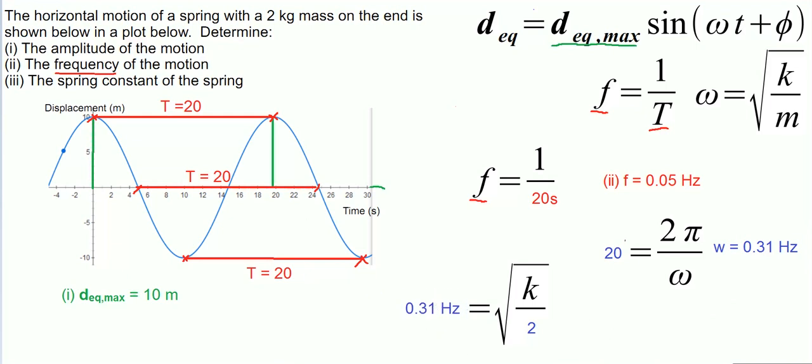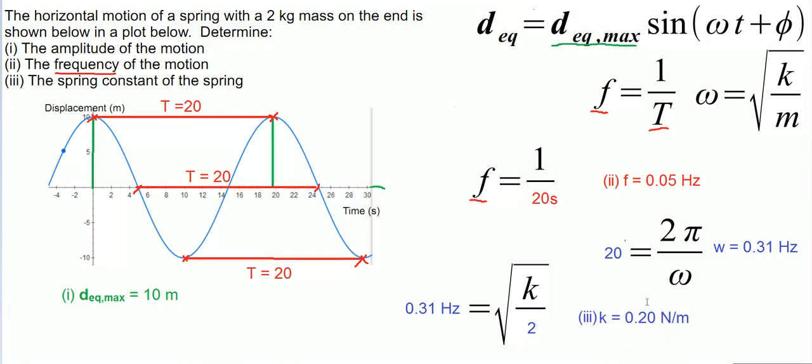If you rearrange and solve this, you can actually find k. And if done properly, what you will receive is k is equal to 0.20 newtons per meter. The units will come out exactly the same way they came out when we dealt with Hooke's law.